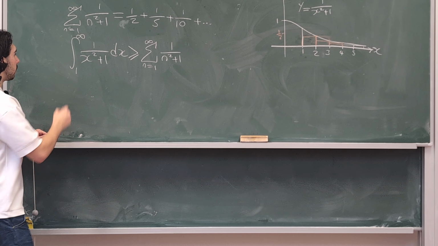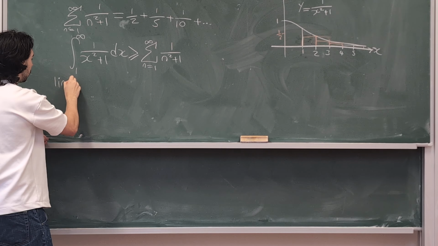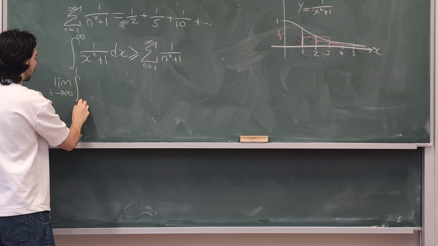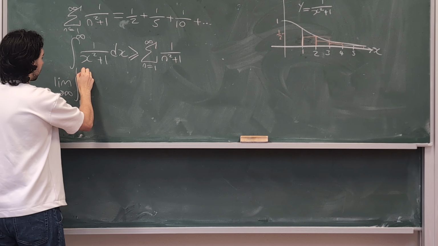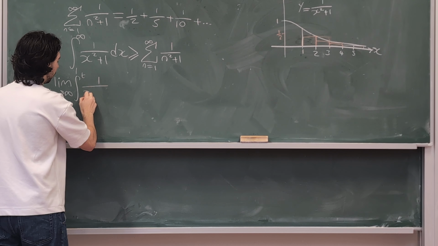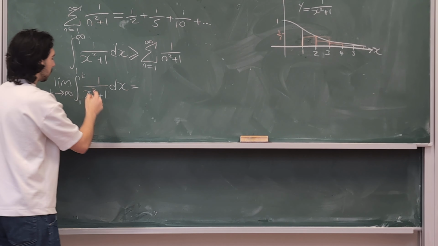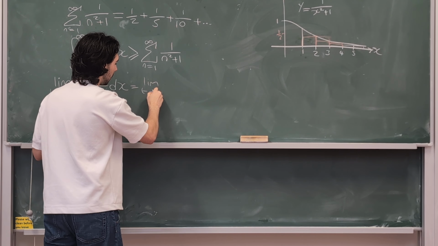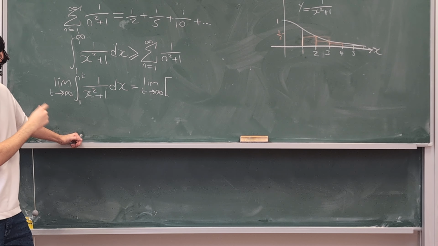Okay, now the integral here, I'm not going to spend too much time on this because it's not too crazy of an integral, but using our skills from improper integrals, this is the limit as t approaches infinity of the integral from 1 to t of 1/(x²+1) dx. And I'm just going to directly integrate this. This is the limit as t approaches infinity of, and then 1 over x squared plus 1, this is a standard integral, guys.